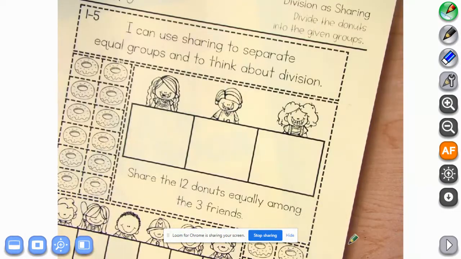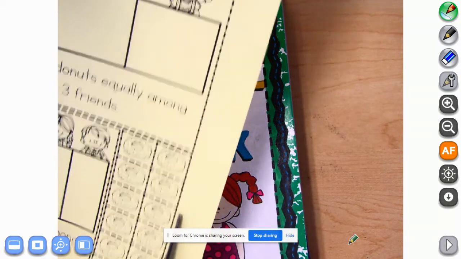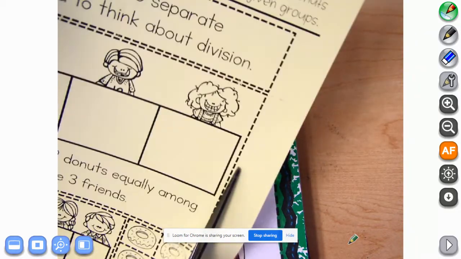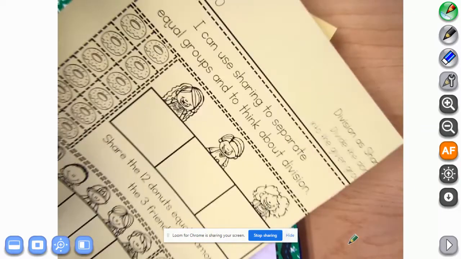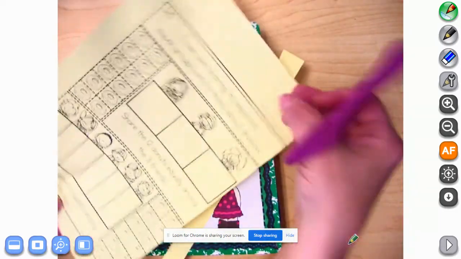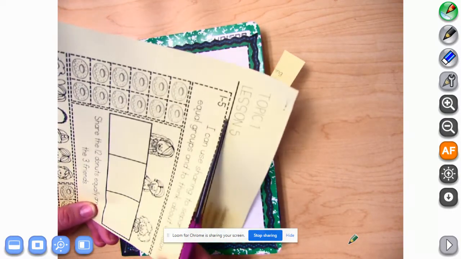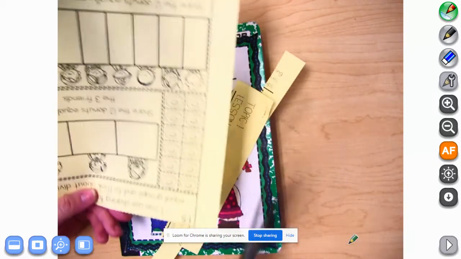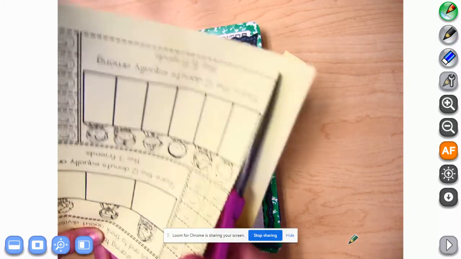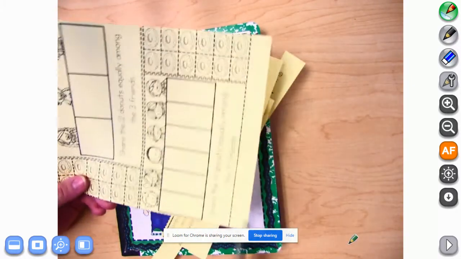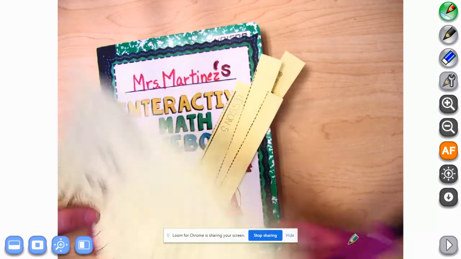And then when you're ready to cut, this is what we're going to do first. We're going to cut around the outside first. Okay, so we've cut all the edge pieces off.